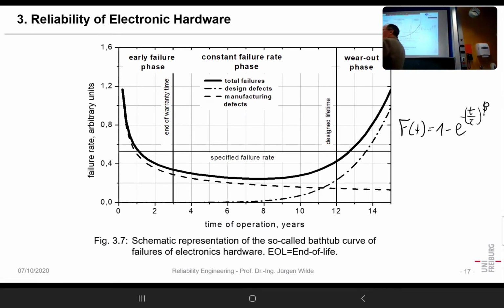That's the Weibull curve. And now we have seen if the beta is 1, which distribution is it? Then we get a constant failure rate. So it's exponential.